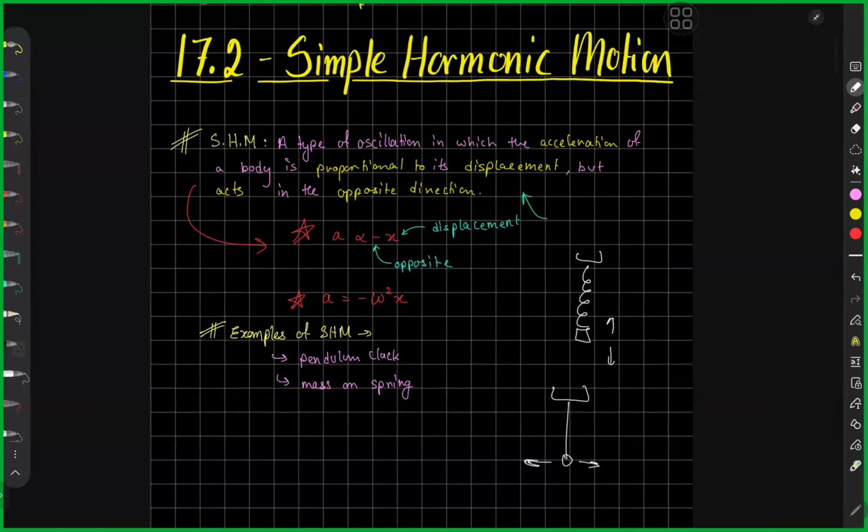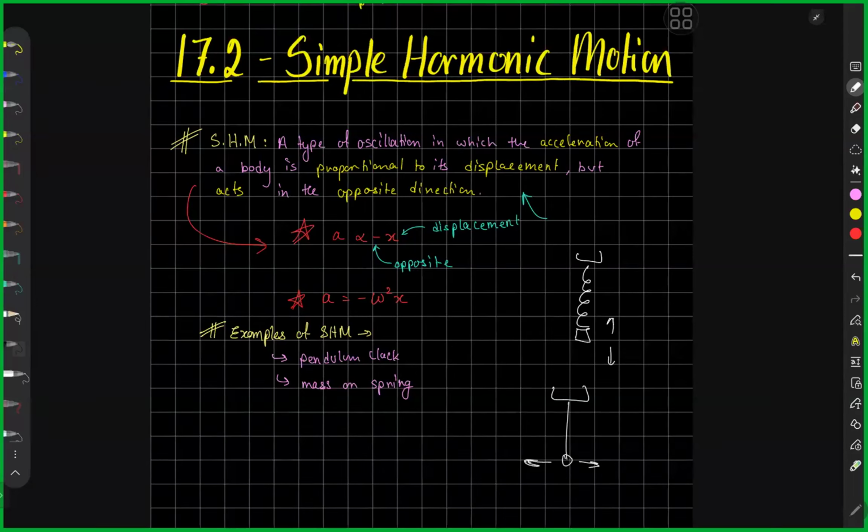Periodical motion and there's a displacement with respect to equilibrium position. One up and down, the other right and left. Now, what is SHM? Simple harmonic motion. What is SHM?